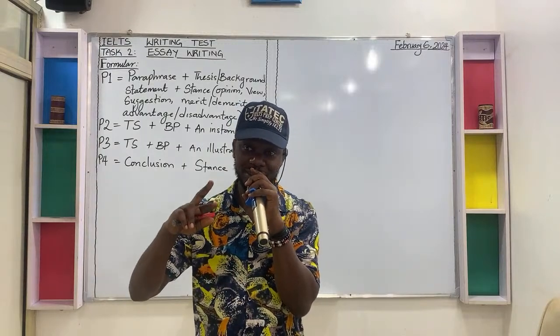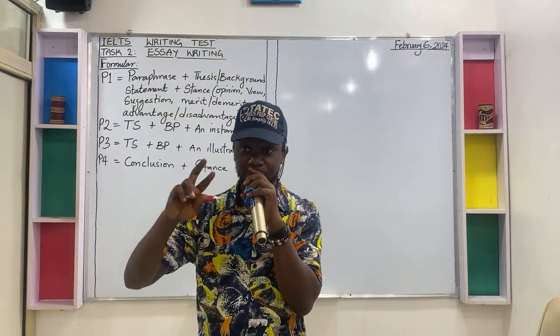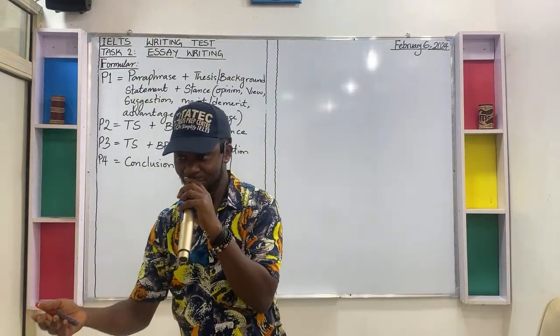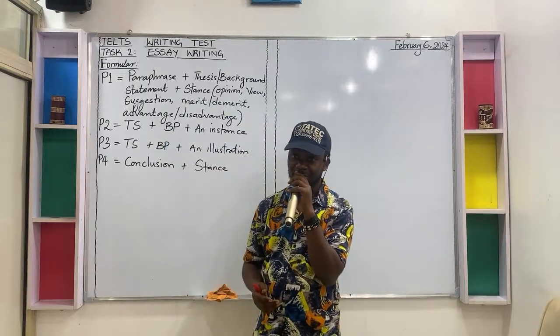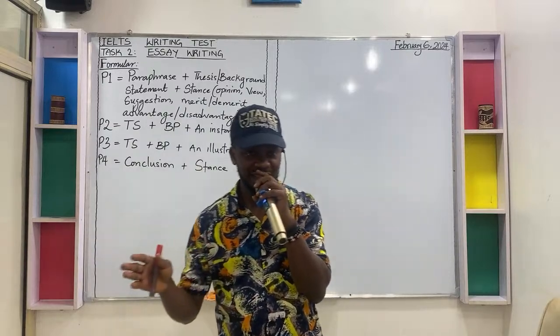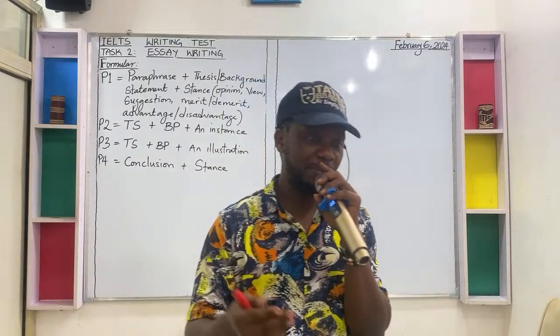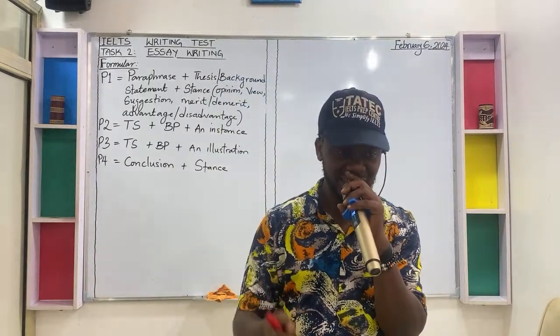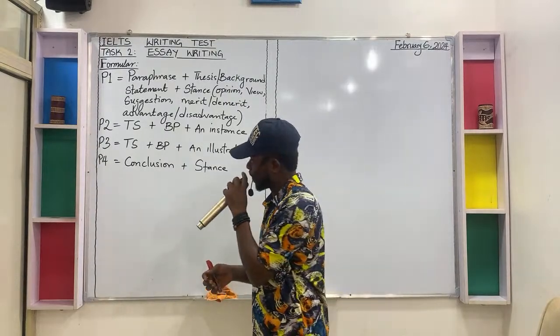So to avoid repetition, we have instance in P2, illustration in P3. They both mean example. To further illustrate or to illustrate further. To buttress my point. To elucidate. These are ways to launch your example.